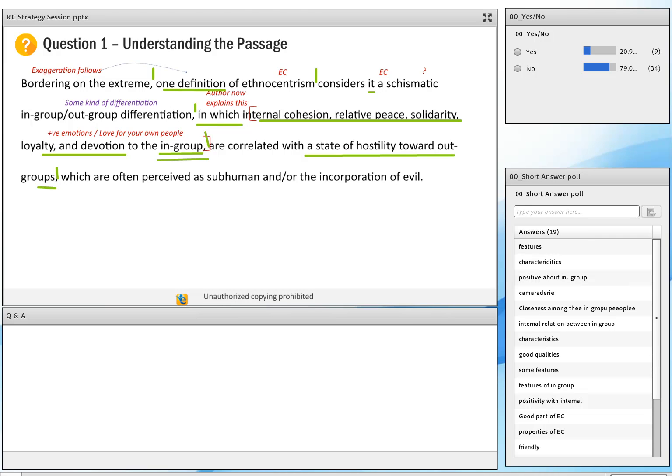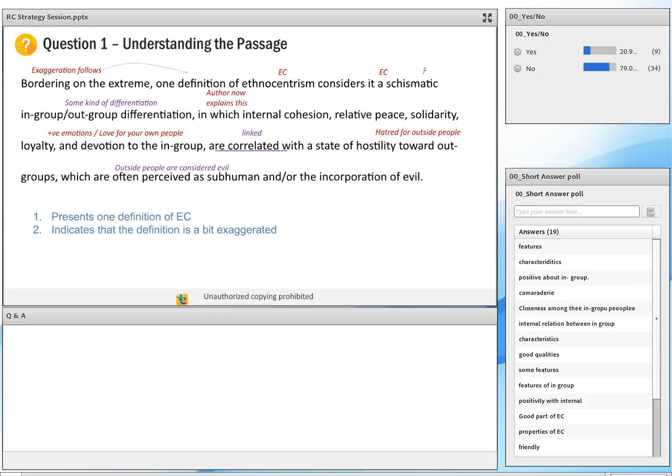So overall, what is the sentence telling me? The sentence has given me a very extreme, exaggerated definition of EC. According to this definition, love for your own people is linked with hatred towards outside people. Okay.